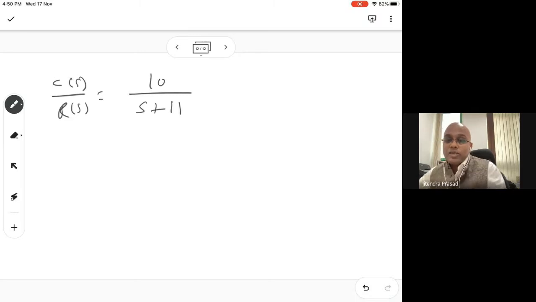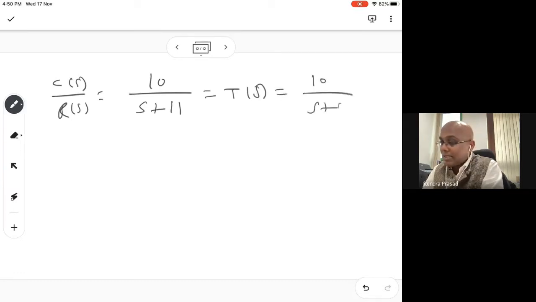And we are going to use the insight, basically. If there is a first order system, let's call it Ts, so Ts equals 10 over s plus 11.